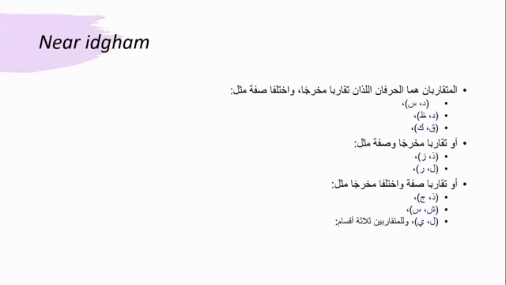Idgham al-mutaqarib is different because you are actually talking about letters that have certain descriptions. So here we go, let's look at them. I want you to see these combinations where they would have very close makhraj. The makhraj is basically the place of articulation for that letter.